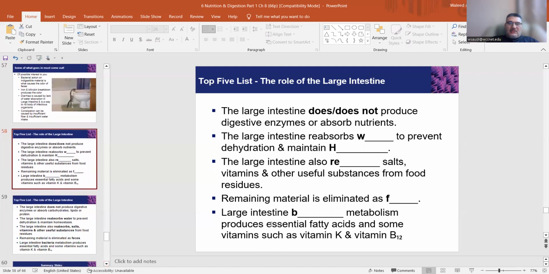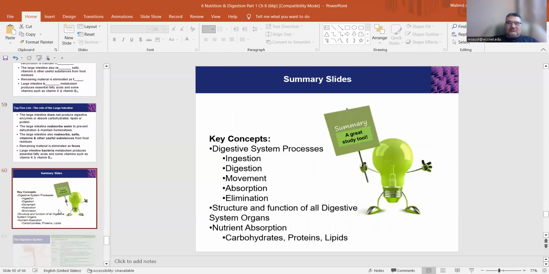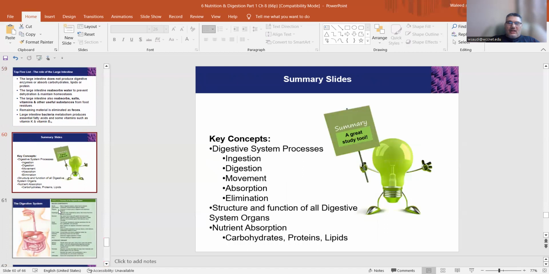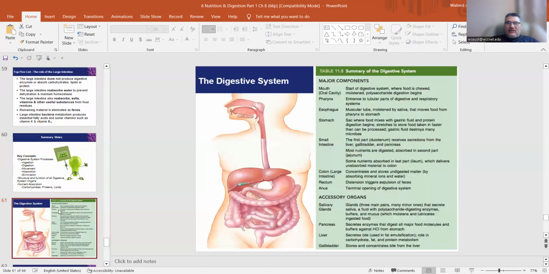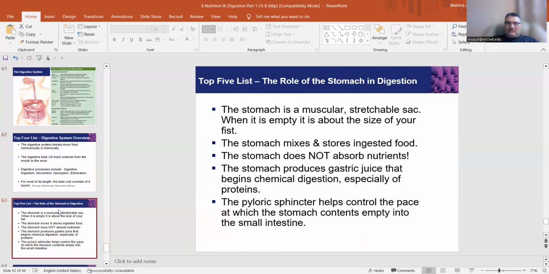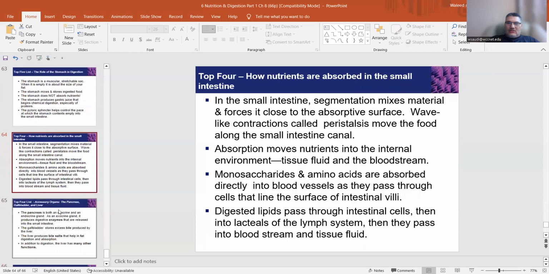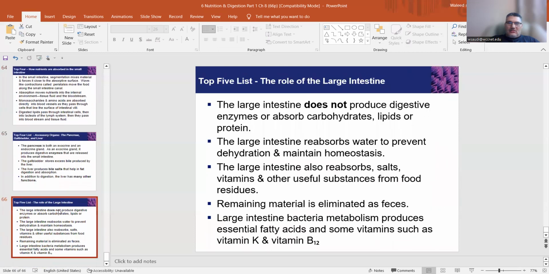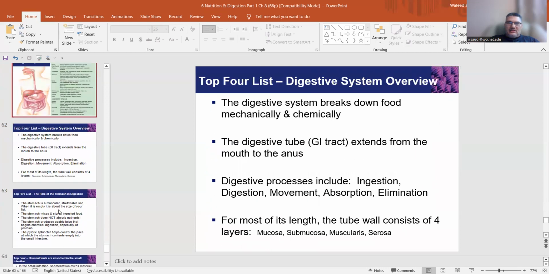And the bacteria in the large intestine make vitamins. And that's it. This is more of summarizing what we already talked about. These are the different parts. Again, this is the summary.